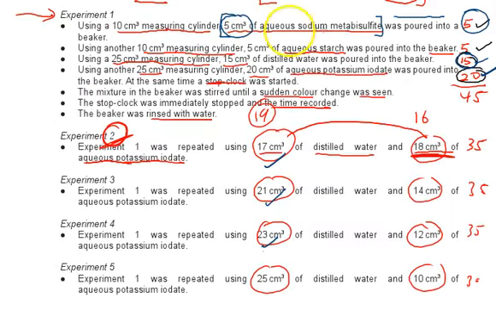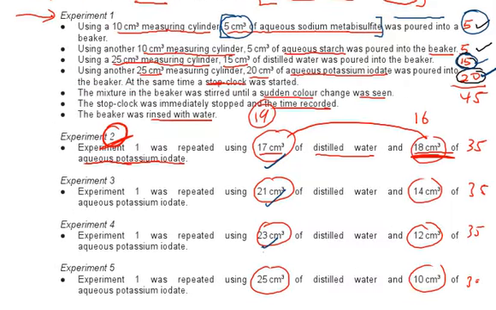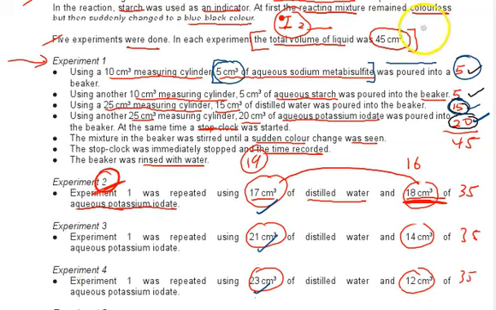Look at this part: the total volume of the liquid was 45. So for all the experiments it is only 45. Even though they change the volume of aqueous potassium iodide, they need to adjust with the distilled water, to keep the volume constant at 45. So that is your answer.